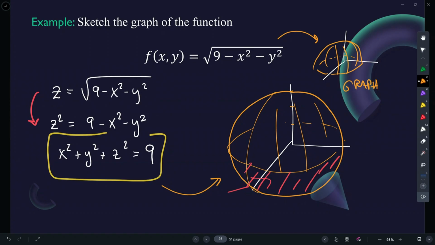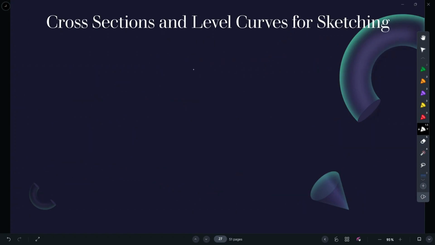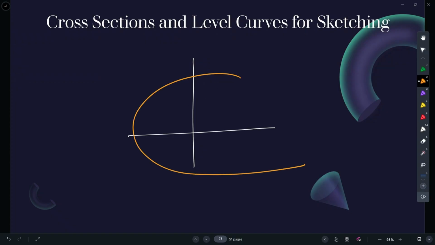We also know that this is not a graph, because when I intersect, just like remember in one dimension... How do I know this is not a graph of a function of x? Because of the vertical line test: any vertical line can only have one intersection. This has two.